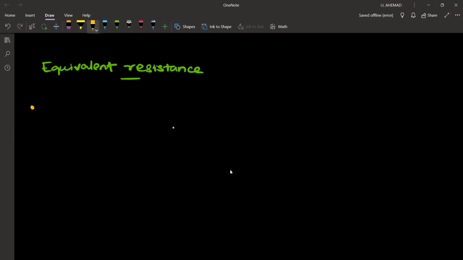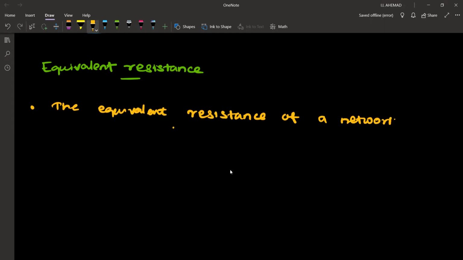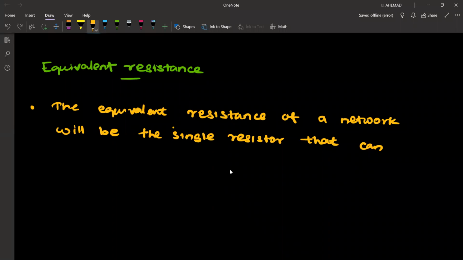So the equivalent resistance of a network will be the single resistor that can replace the entire network.